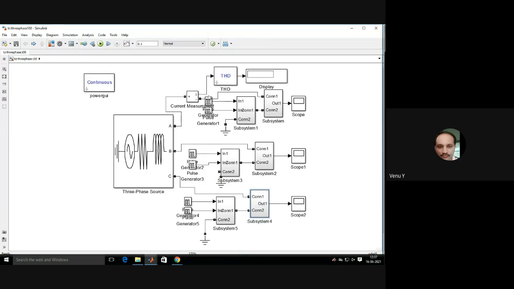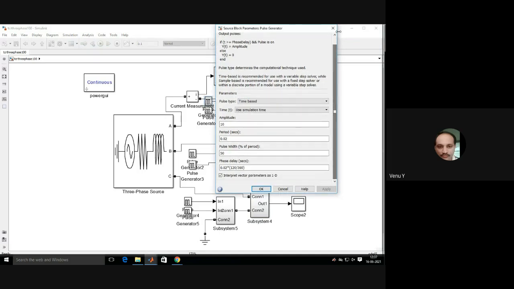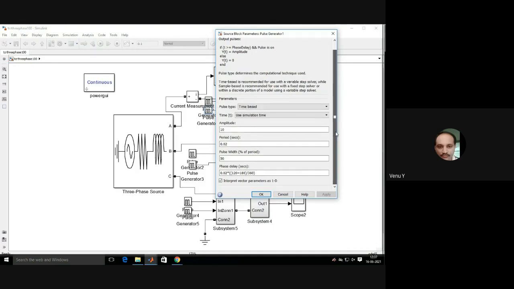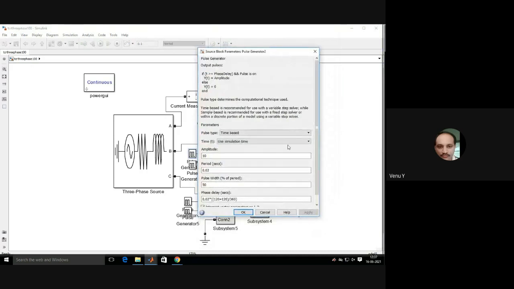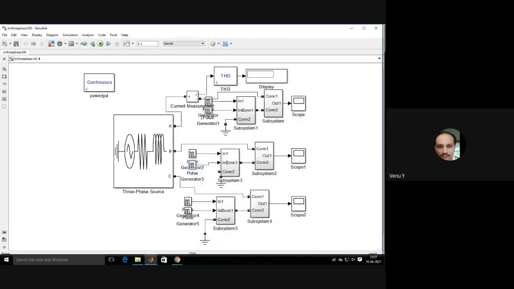Okay, T1, T2, T3, T4, T5, T6 firing units. So for T1, let us take 120 degrees, 120 plus 180 in the first leg. In the second phase it is 120 plus 120, and 120 plus 120 plus 180 for the anti-parallel thyristor.